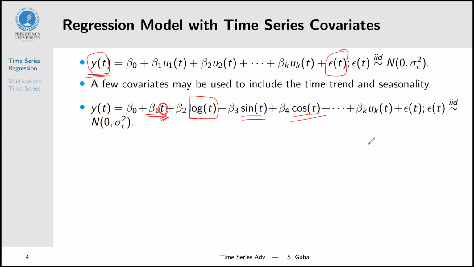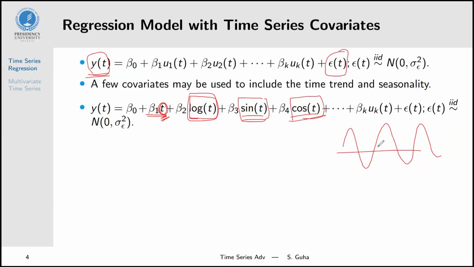These trigonometric functions have an oscillatory graph, which is why they represent the seasonal pattern in any model. These are again transformations of the time variable. Log is a transformation of the time variable. Similarly, sine t is also a transformation of the time variable, and similarly cos t. You can also add up sine 2t, sine 3t, that kind of term.